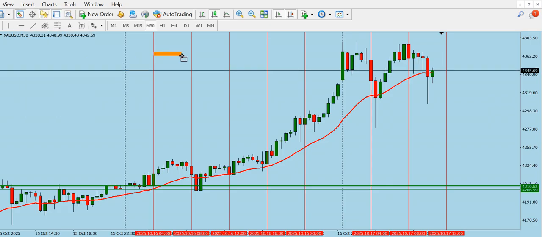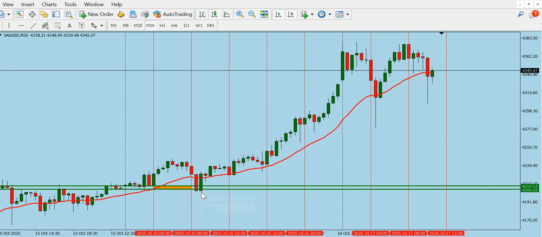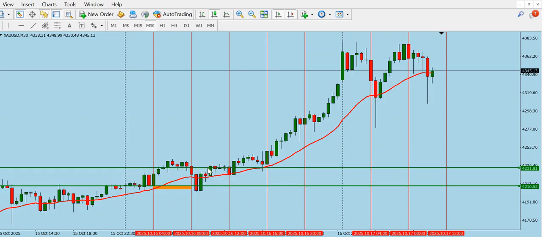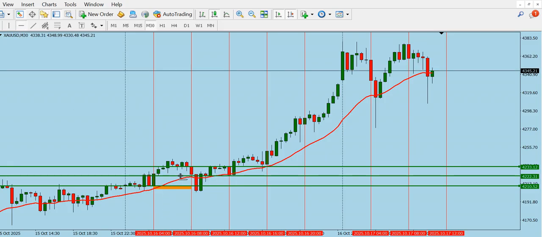But the distance of the rise is not much, so I'm just going to put the marker to fill up the space. Now I have this close here, and then the next candle close for this current section is around here. So we have a wider box. I'm going to divide that into 2 with another horizontal line.